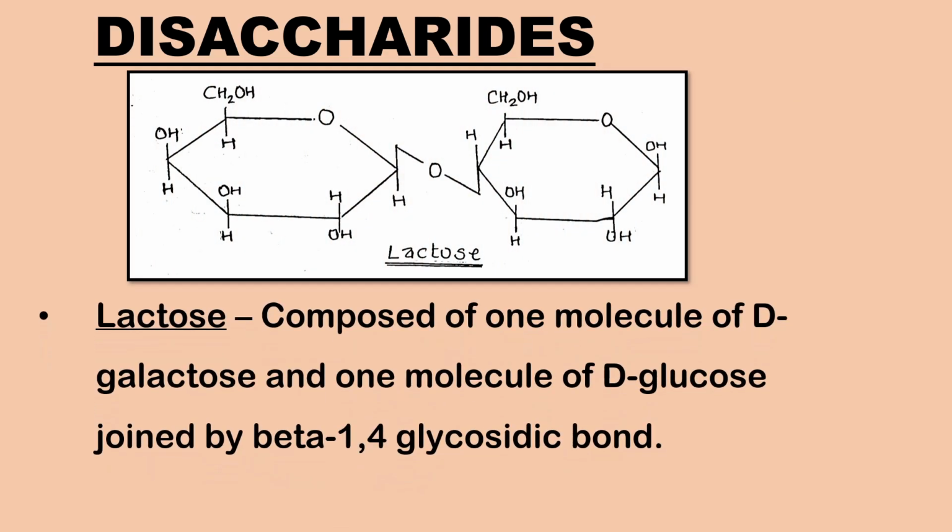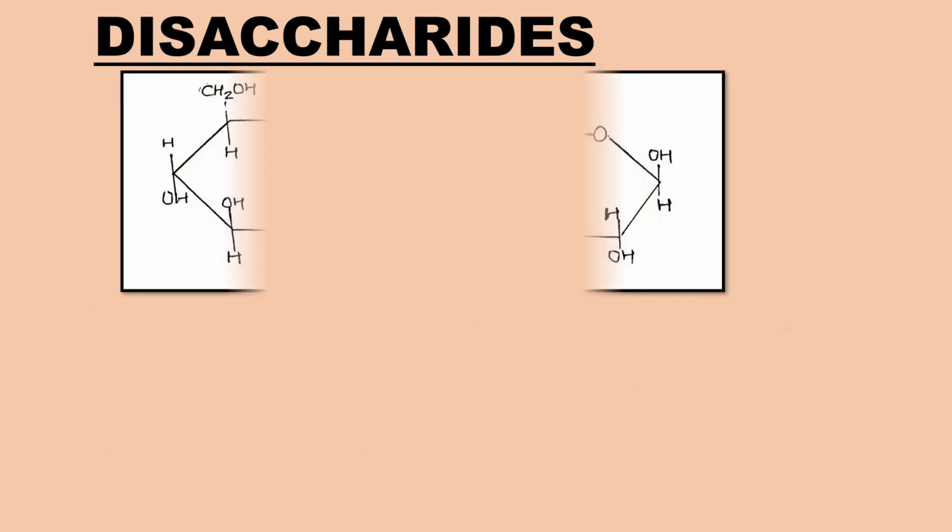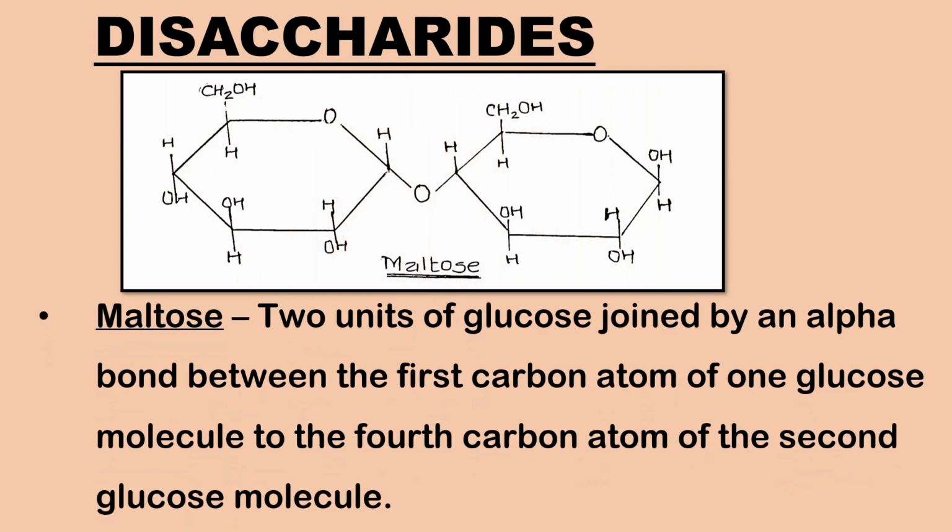Lactose is a disaccharide composed of one molecule of D-galactose and one molecule of D-glucose joined by a beta-1,4 glycosidic bond. Maltose is also a disaccharide formed from 2 units of glucose joined with an alpha bond between the first carbon atom of one glucose molecule to the fourth carbon atom of the second glucose molecule.